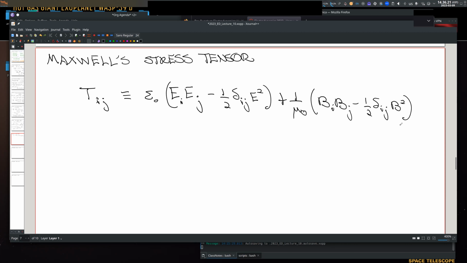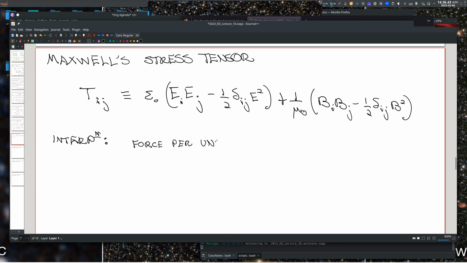And so what's the interpretation? So T_ij is the force per unit area in direction i on a surface oriented in the j direction.